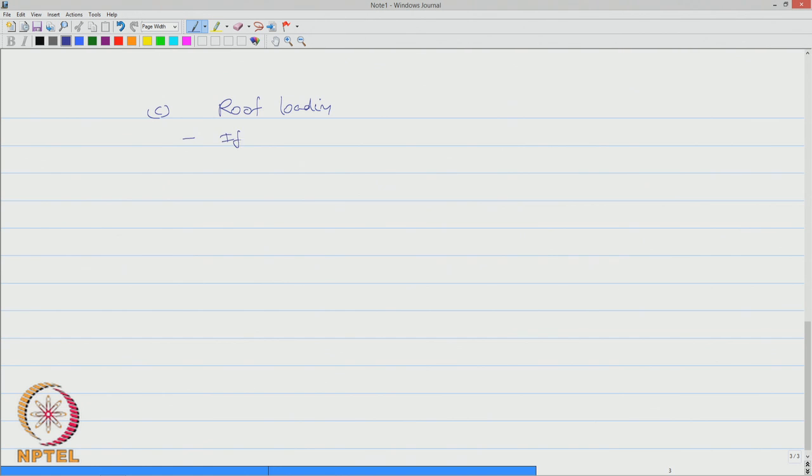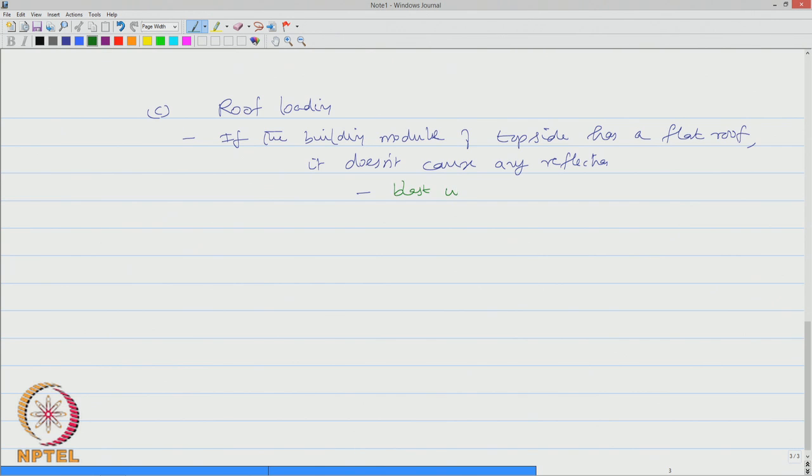If the building module or any living quarter item on the topside facility of an offshore platform has a flat roof, it does not cause any deflection, because essentially the blast wave travels horizontally.